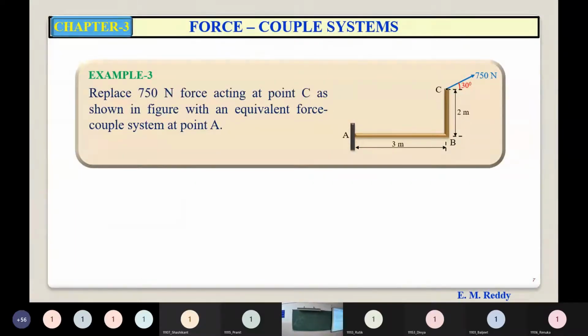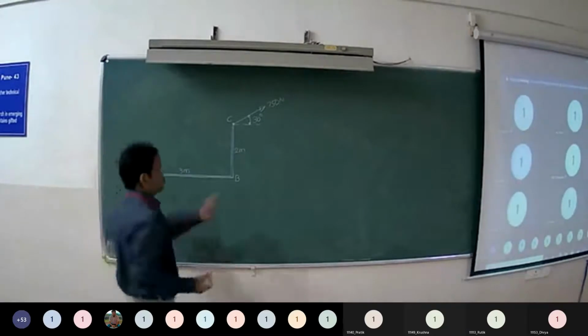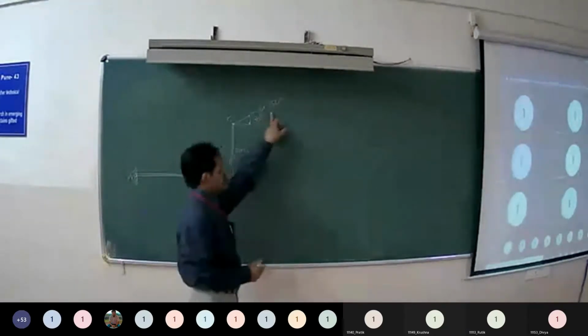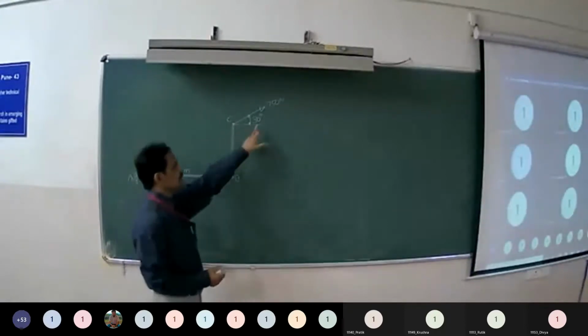Example 3. Replace 750 Newton force acting at point C as shown in figure with an equivalent force couple system at point A. So here, a force of 750 Newton is acting at point C on a bracket ABC at an angle 30 degrees.